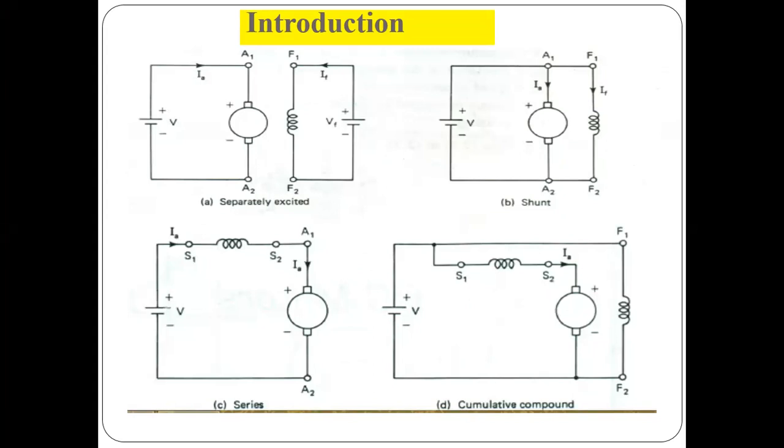So basically DC motors are classified into four types: separately excited, shunt, series, and cumulative compound. These are the basic four types of DC motor.